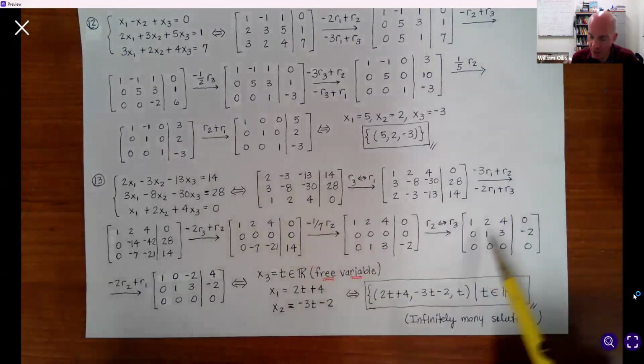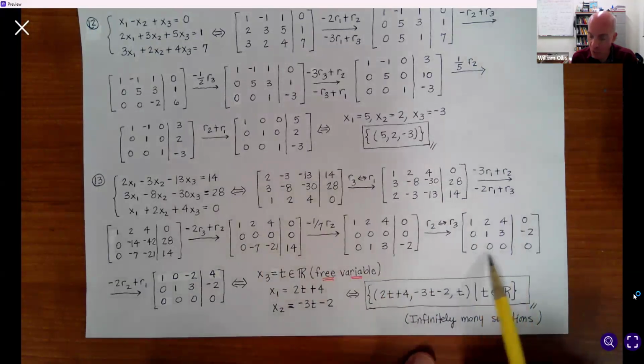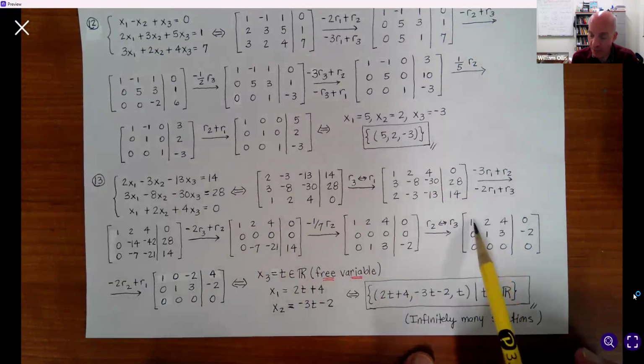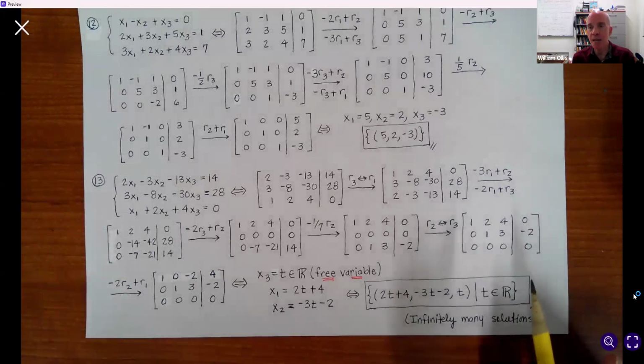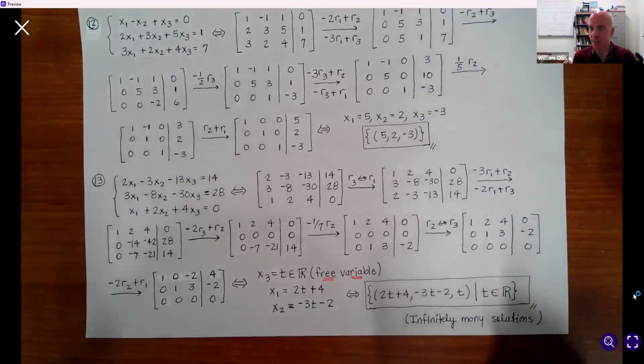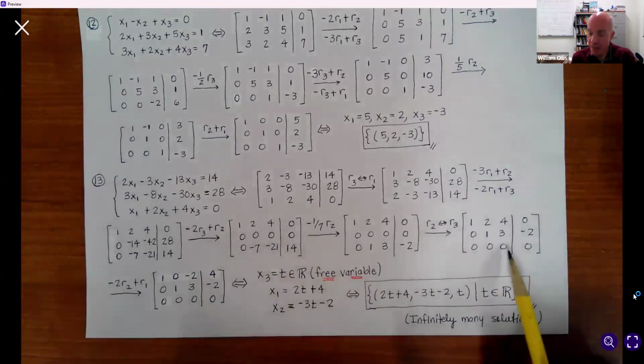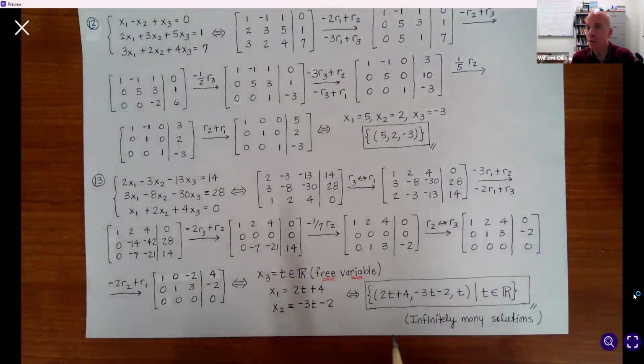So now when you look at this, number one, you know you're going to have a free variable, and number two, you're only going to have two leading ones. That is, there won't be a leading one in this position because the variable is free. Now, students often say, does it matter which variable we pick to be free? It does not. But based on this convention, it is much easier to allow the variable that's free to be the one that does not have the leading one.